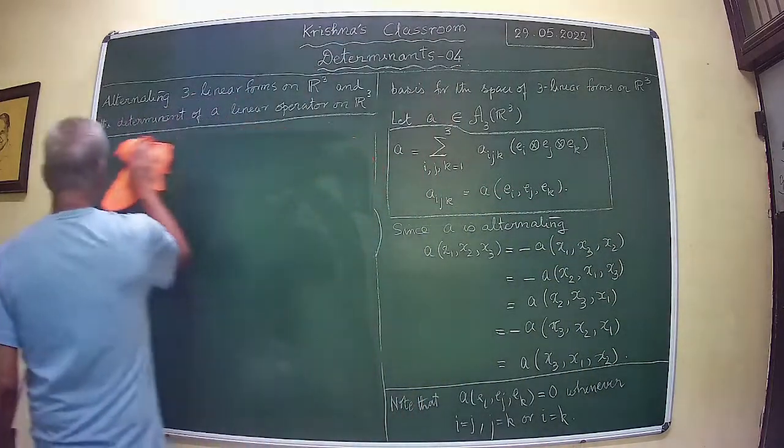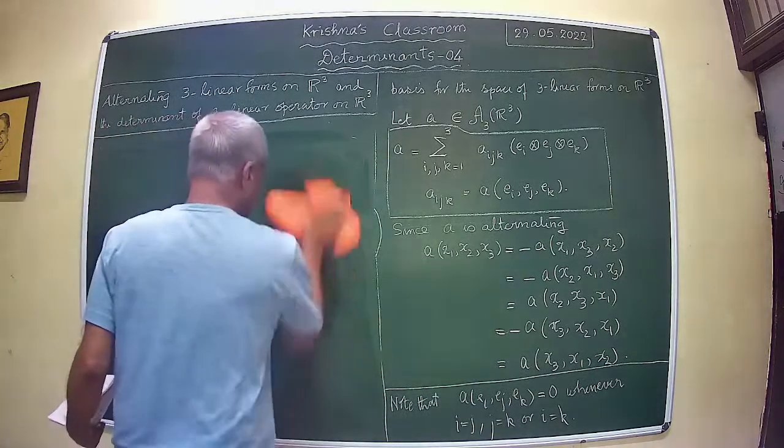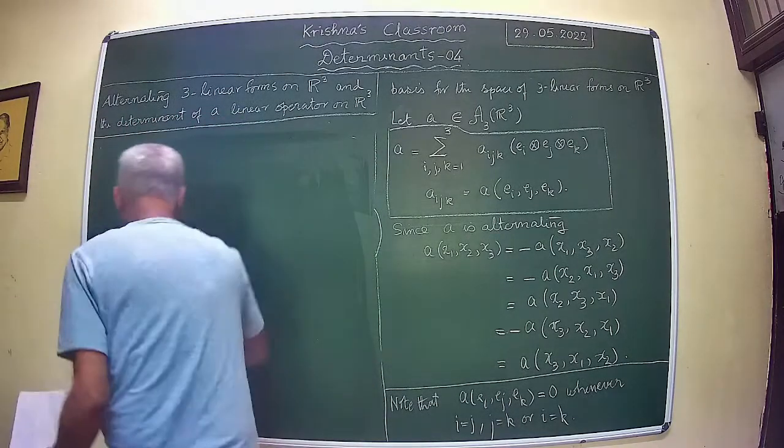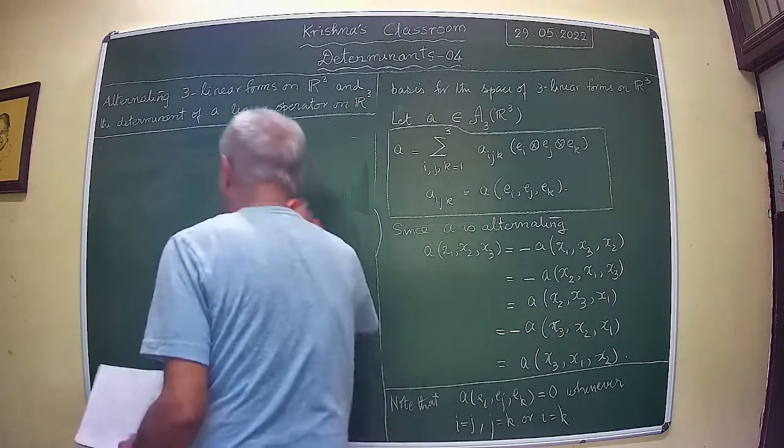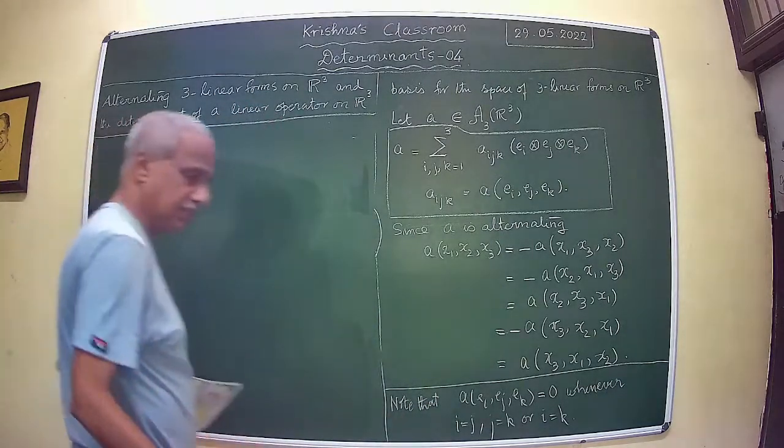At the first stage this is what you get. A is equal to, consider all the 27 terms, this is what you get.